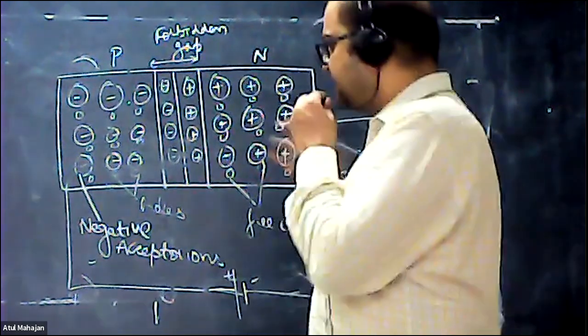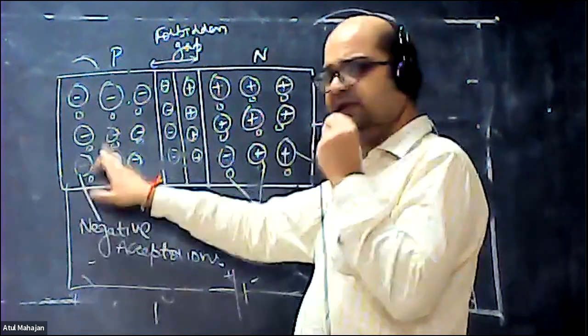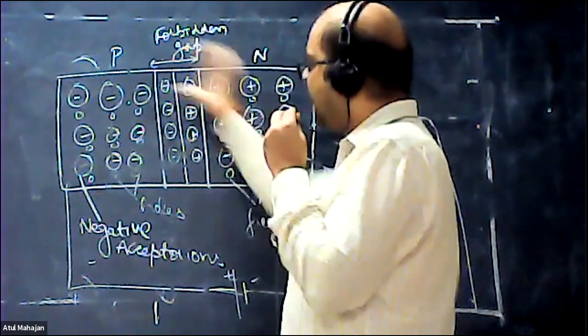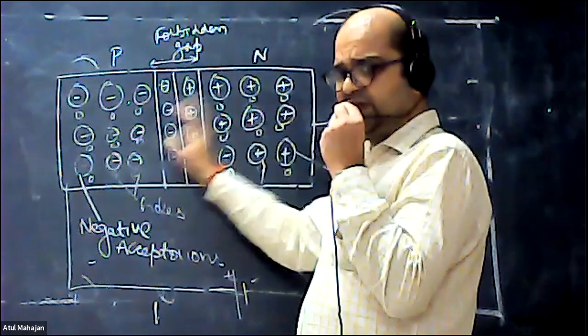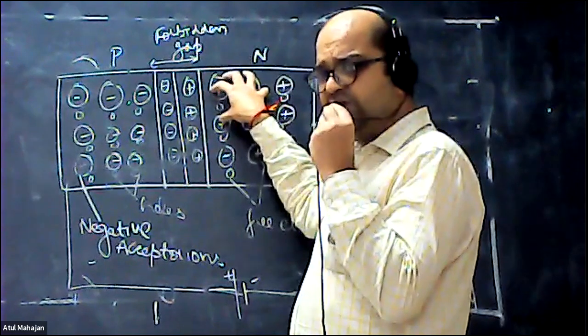Okay, now let's start with when the forward bias is provided. Forward bias means the P side is connected to the P-type material. When the forward bias is applied, the acceptor ions will accept the electrons from the N side of the material.